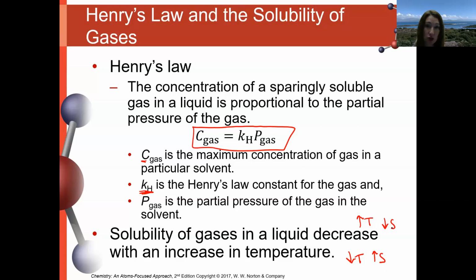Because if the temperature is too warm, the dissolved oxygen in the water decreases. Well, what do fish use to breathe? Oxygen in water, right? If there's not enough oxygen, the fish die.